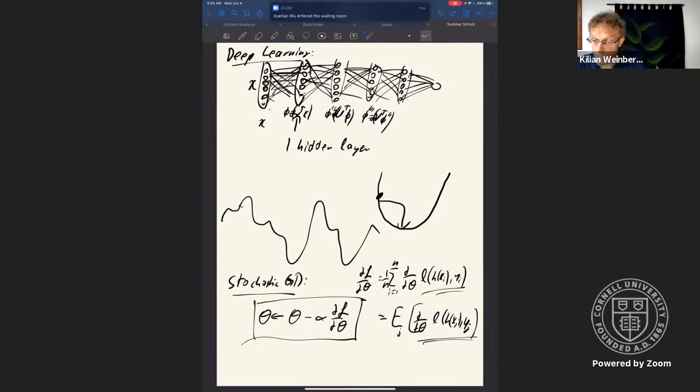The minimums are the features that are not as important? No, the minimums are basically configurations of these matrices.